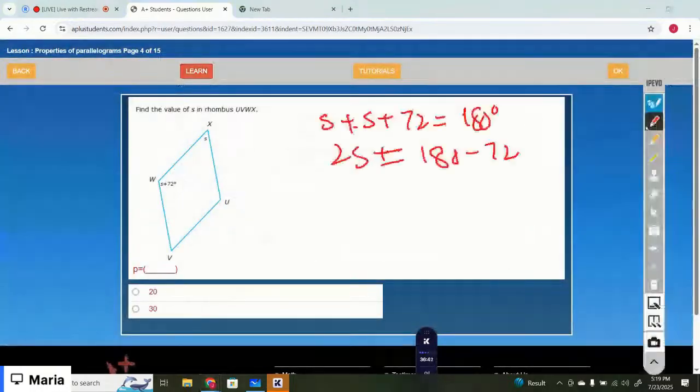If we look at the question given, we need to find the value of S only.